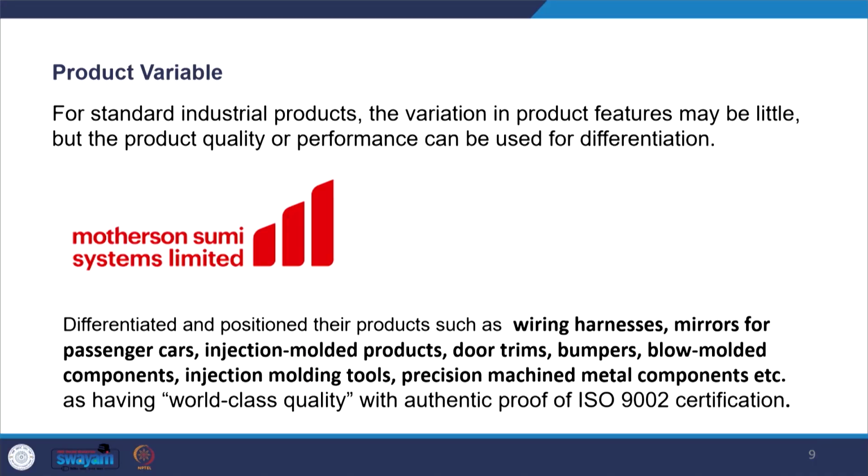I have brought an example here, one of India's leading auto component manufacturers. Motherson Sumi Systems Limited makes various products like wiring harness, mirrors, injection molded products, door trims, etc. This company has become one of the largest manufacturers and suppliers of auto components, and almost all global players and leaders are their customers.